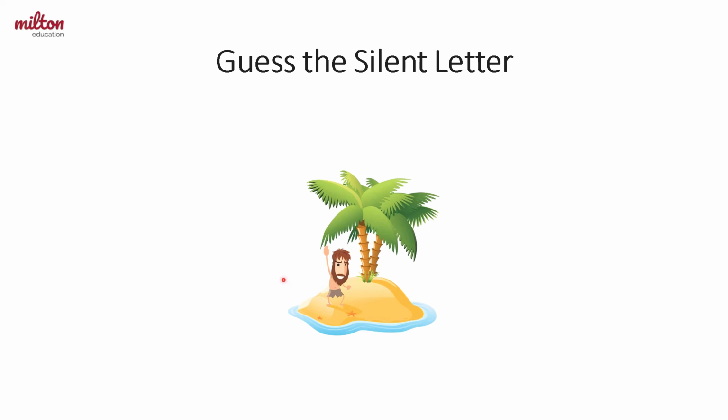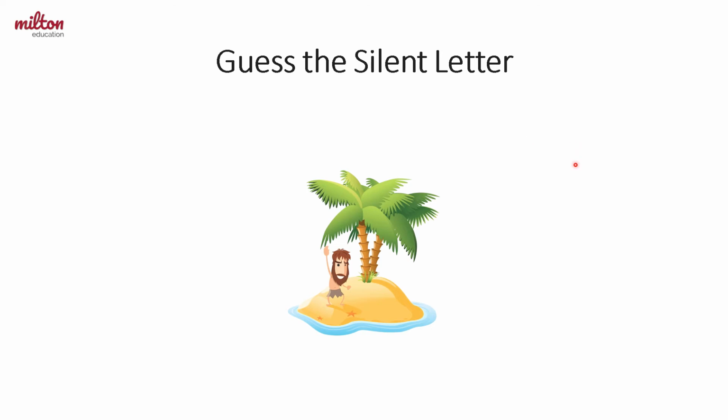Do you know what this is? It's an island. Can you guess the silent letter? Island. How do you think we spell island? If we spell it the way it sounds, it's I, L, A, N, D. Island.